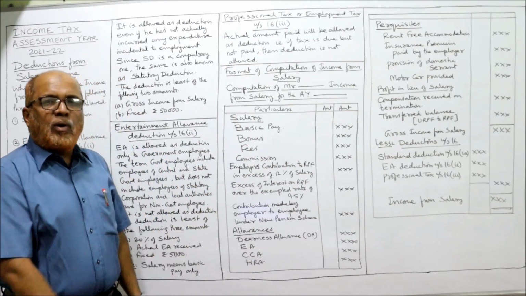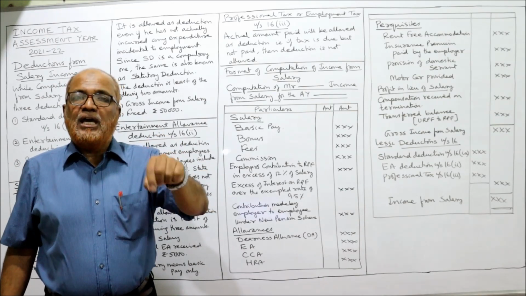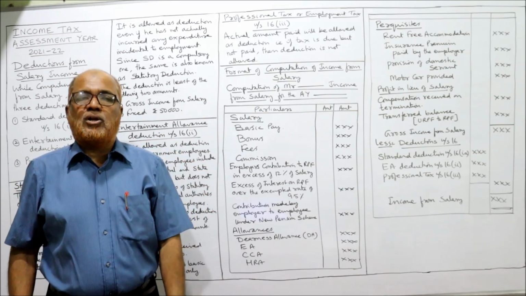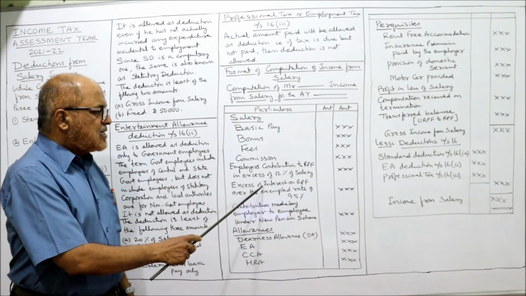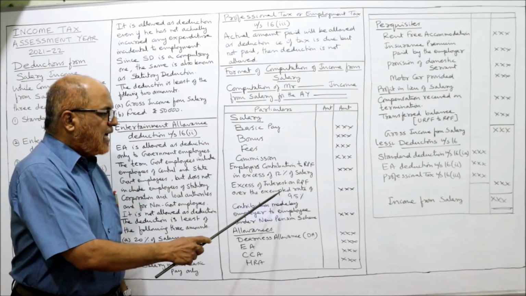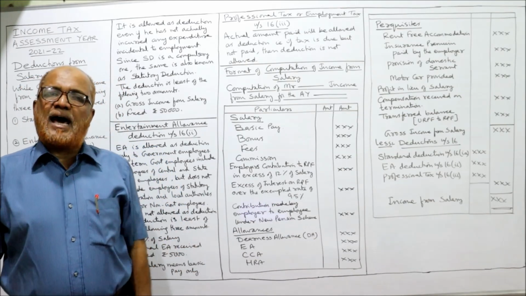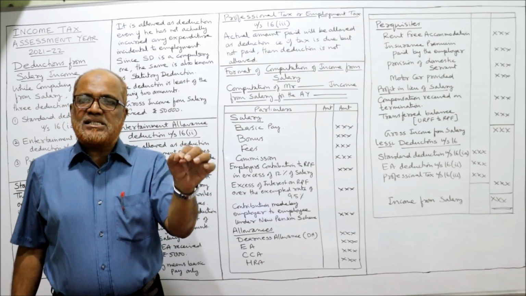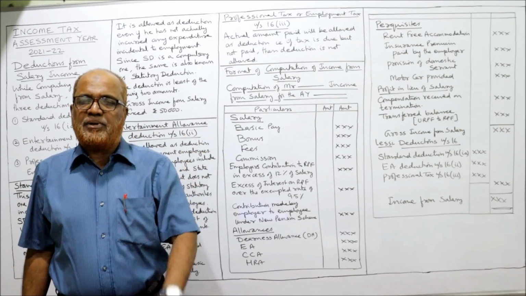So here, employer's contribution to RPF, recognized provident fund, in excess of 12% of salary. Then interest: excess of interest on RPF over the exempted rate of 9.5%. The Income Tax Act says if interest is credited in RPF up to 9.5%, it is exempted.